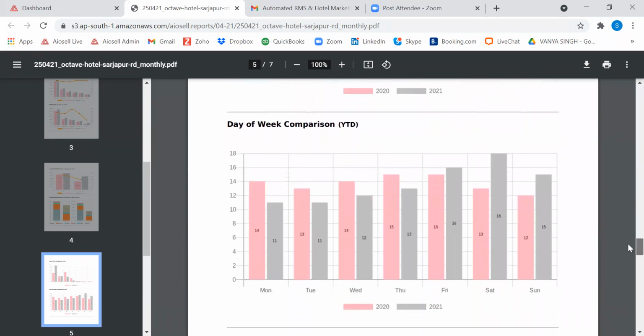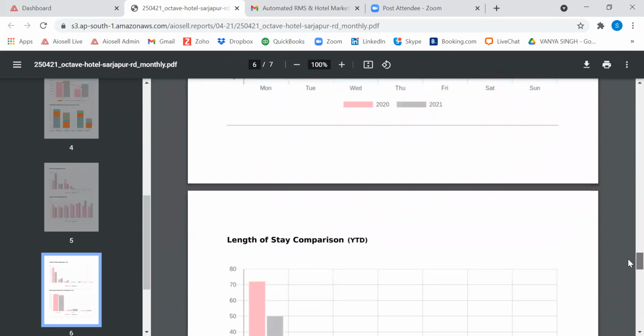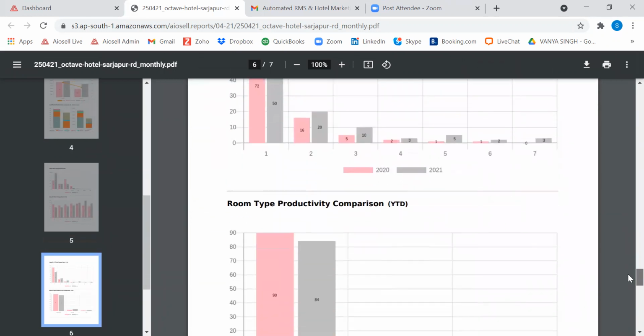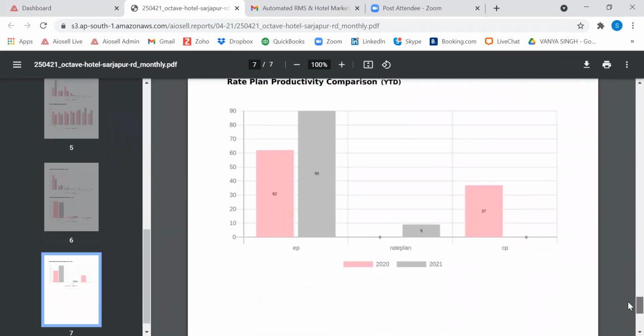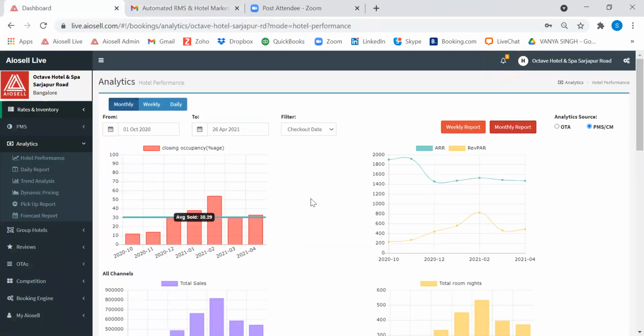What is the day of the week productivity? So which day of the week are you getting the majority of your bookings? What is the length of stay? How long are people staying in your property? Which room type is performing the best? And which rate plan are people booking your property on? So all of these data analytics can be accessible to you. You can see it on the dashboard, as well as you have these reports which will be sent to your email ID.